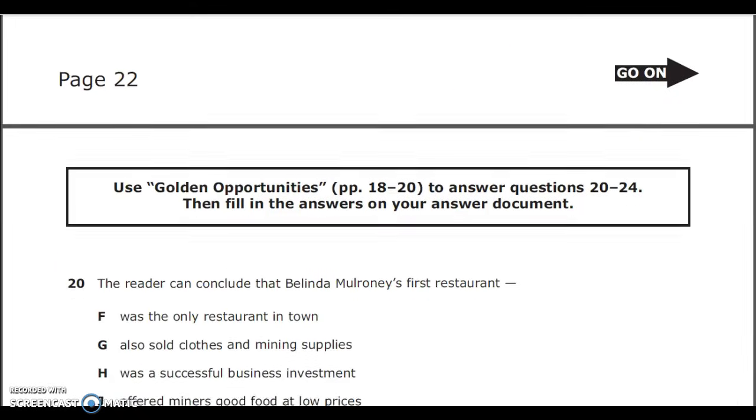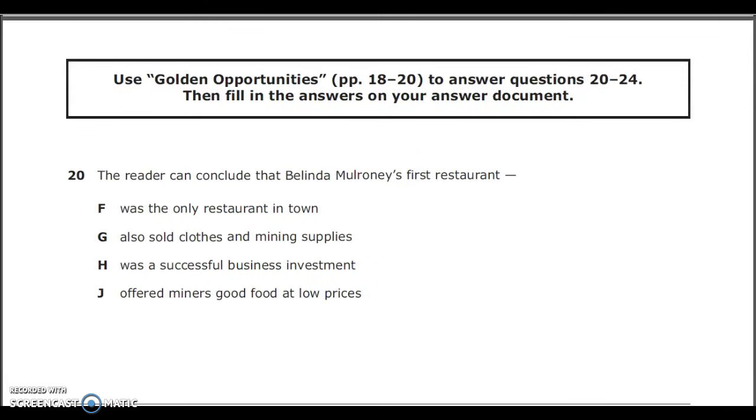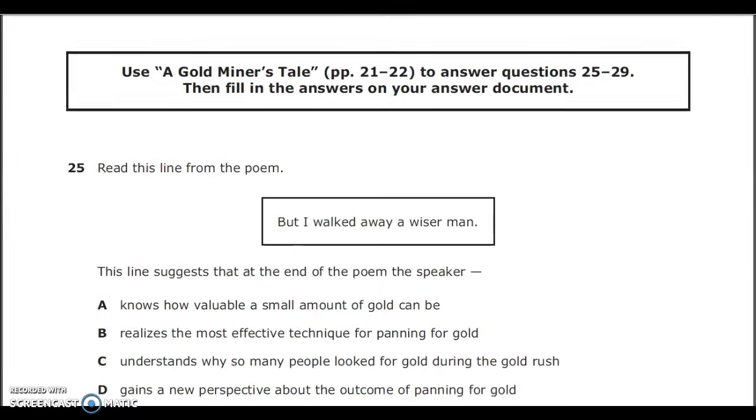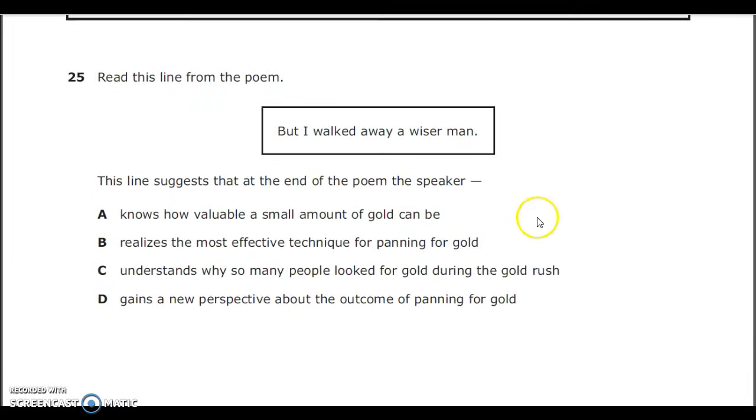Okay. So again, I want to go over the questions for the poem since we've already talked about informational texts. We'll go to the poem. Here we are. You have some text evidence to read from this poem and again have to make an inference. So I want to review inferences really quick. Anytime a question says something like suggests, this line suggests, or maybe the reader can conclude, those are inference questions.